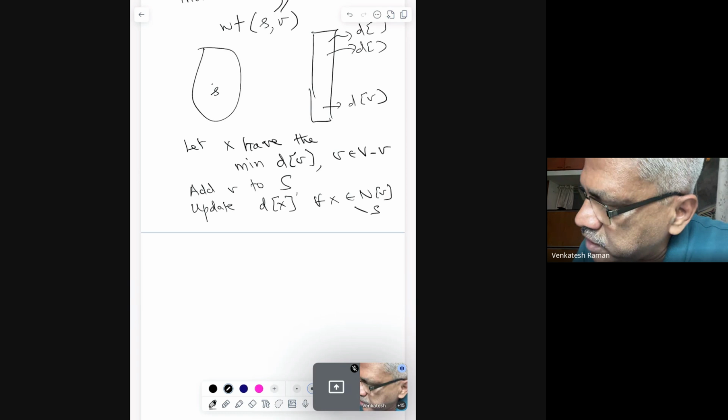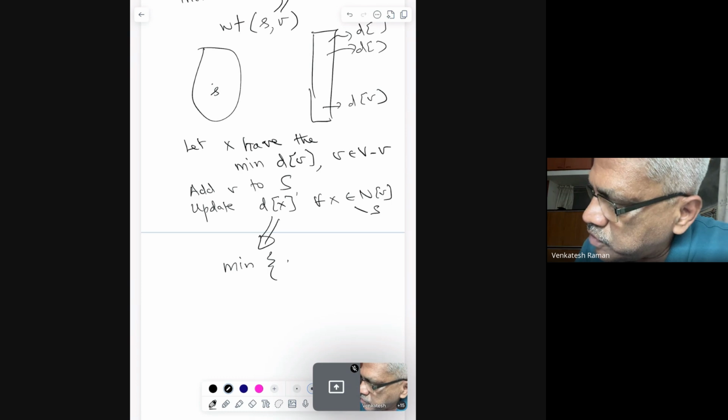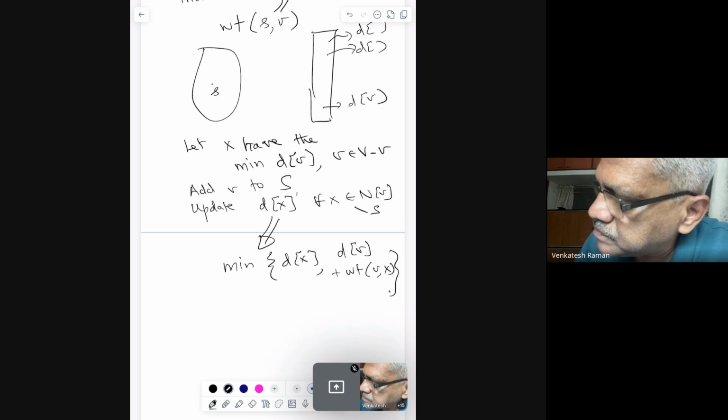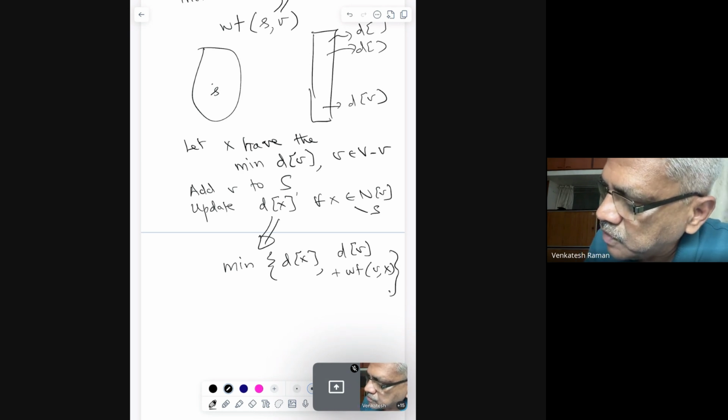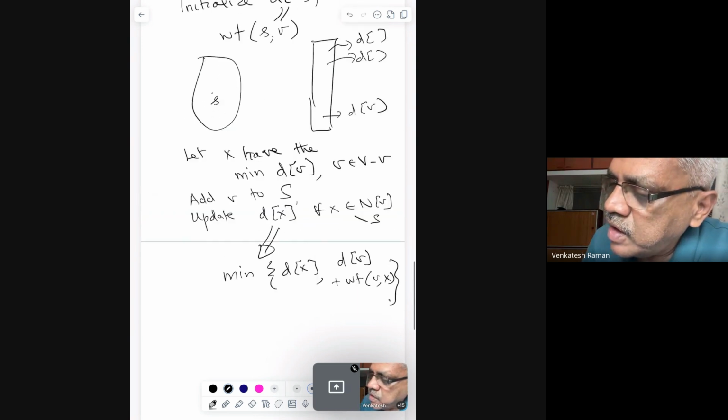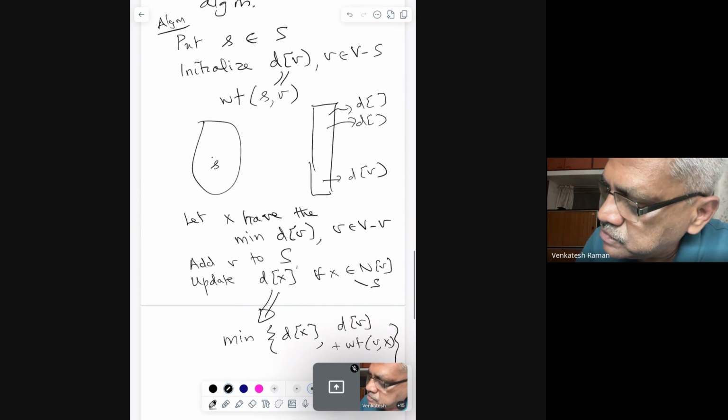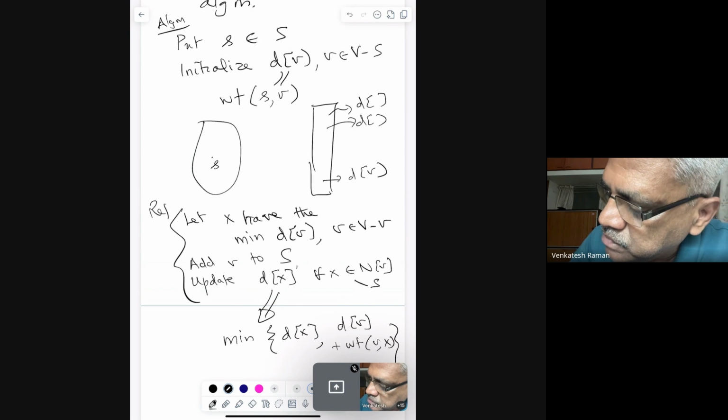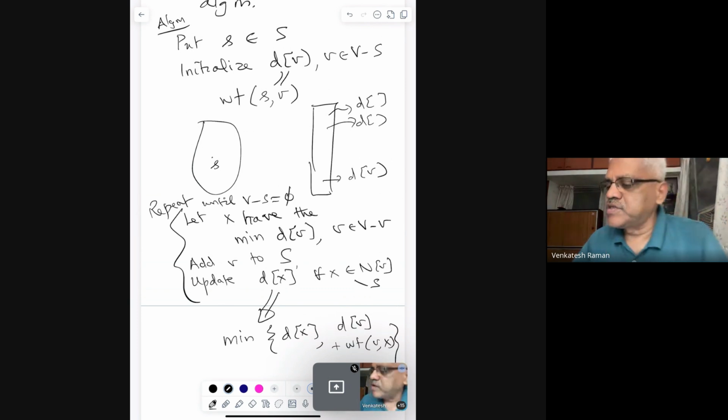How do I update it? It's going to be the minimum of whatever the current distance is and the new distance through v. And then I repeat until V minus S is empty. Okay, this is how the algorithm is.